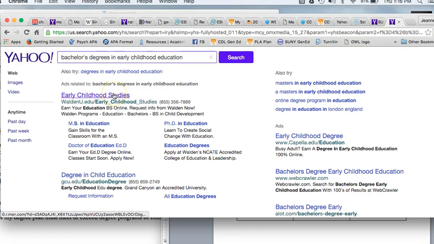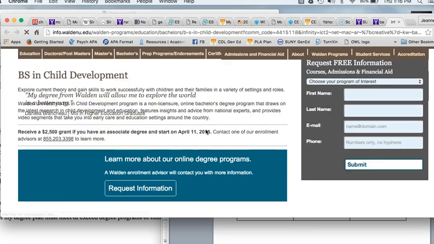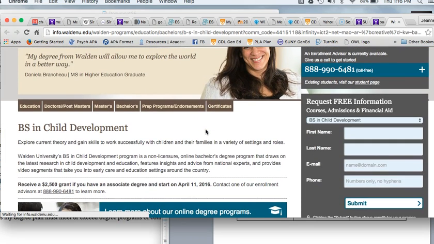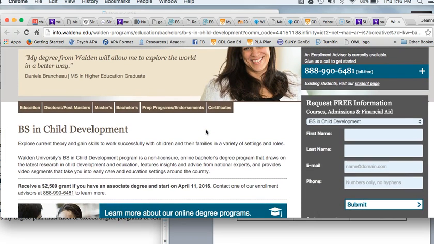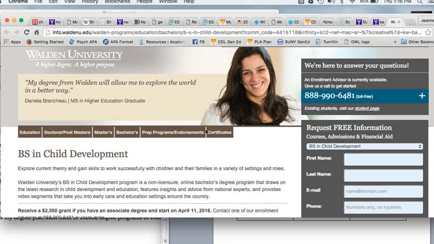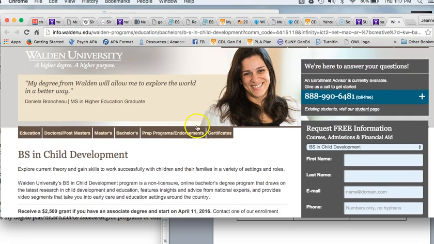So Walden University. You also have to make sure that it's an accredited college, and I know Walden is, because otherwise it's not really a strong comparison if it's just Joe Smith College with no accreditation. Community colleges are only going to offer associate's degrees, so do not compare your bachelor's degree to anything from a community college because that is associate's degrees only.